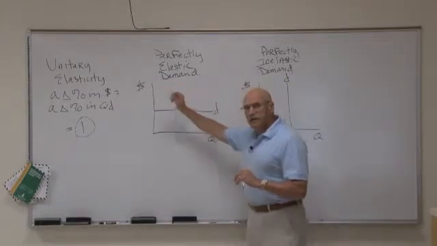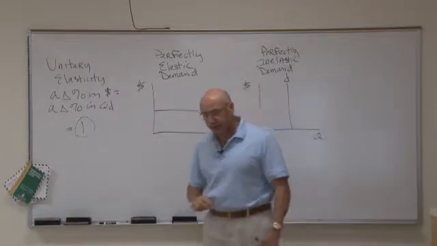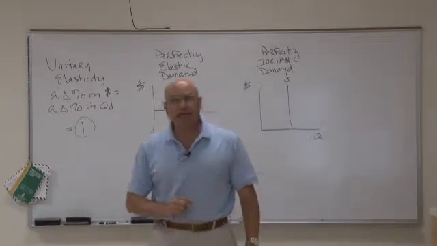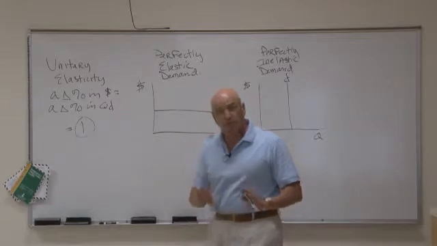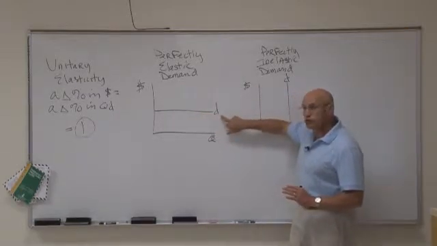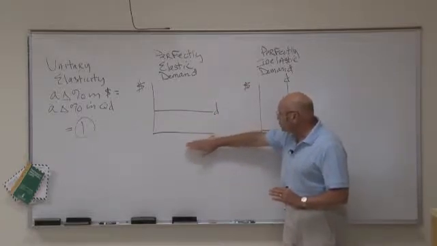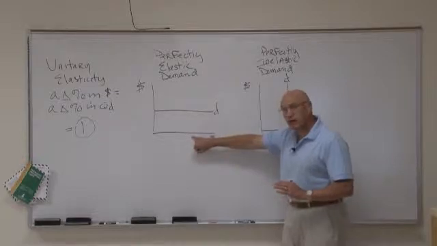The second special case of elasticity is what we call perfectly elastic demand. A perfectly elastic demand curve would be a straight line, parallel to my quantity axis, or my x-axis.